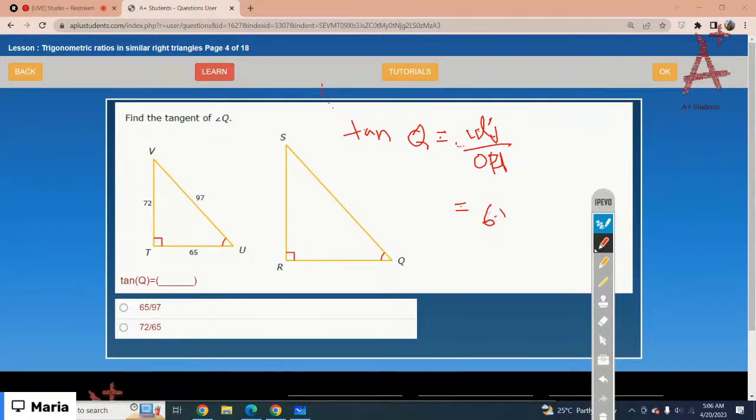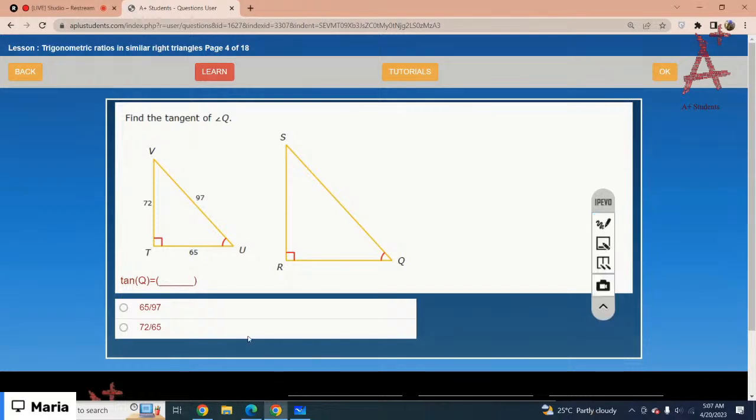Adjacent is RQ, 65, and opposite is 72. So it would be 72 over 65. The second option is the correct one, opposite over adjacent. It would be 72 over 65. Got it?